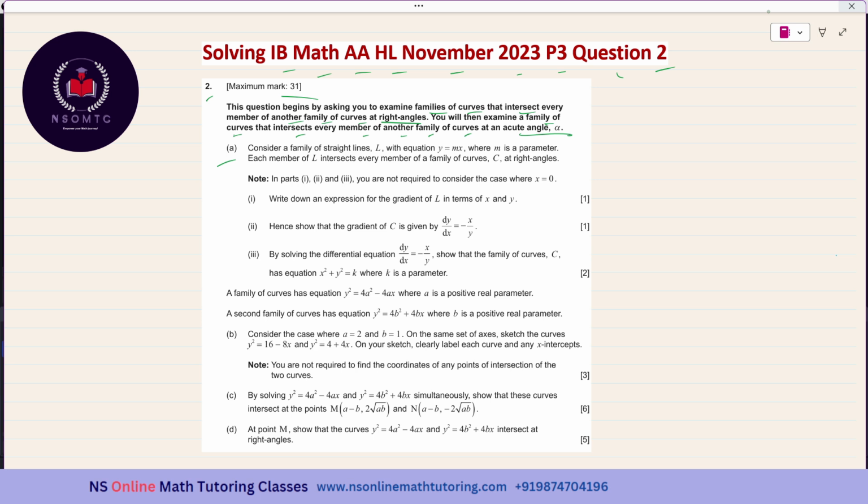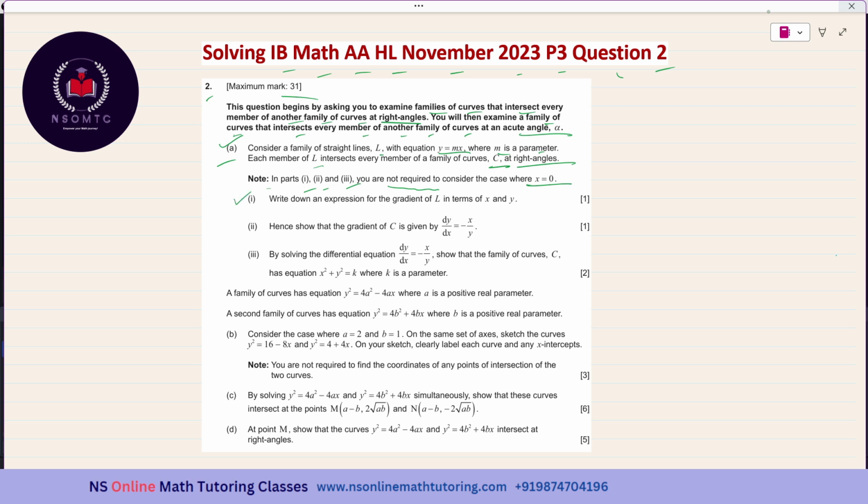Subpart A says, consider a family of straight lines L with equation y equal to mx, where m is a parameter. Each member of L intersects every member of a family of curves C at right angles. Note, in the three further subparts of this subpart A, you are not required to consider the case where x equal to 0.